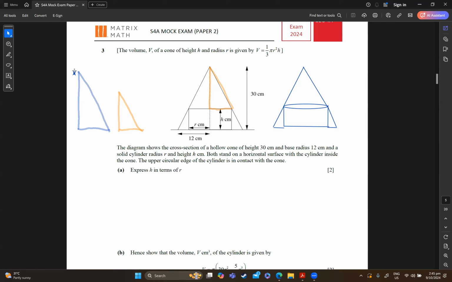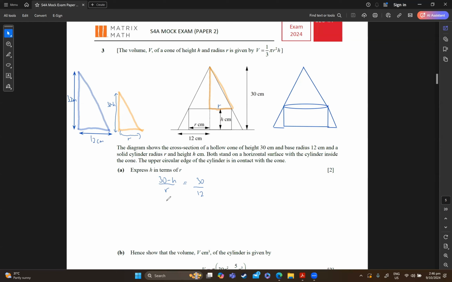Okay, now for this big triangle here, this is 30 cm and this is 12 cm. And for this triangle here, it's 30 minus h. And this part over here is r. So we can write down 30 minus h over r equals 30 over 12.